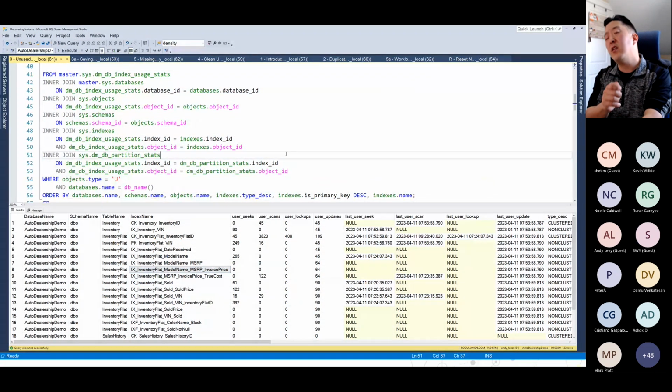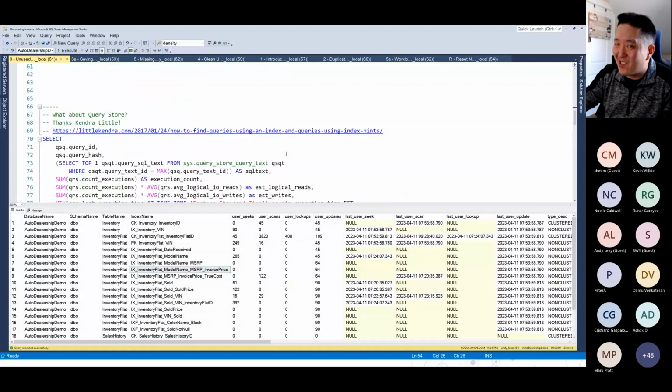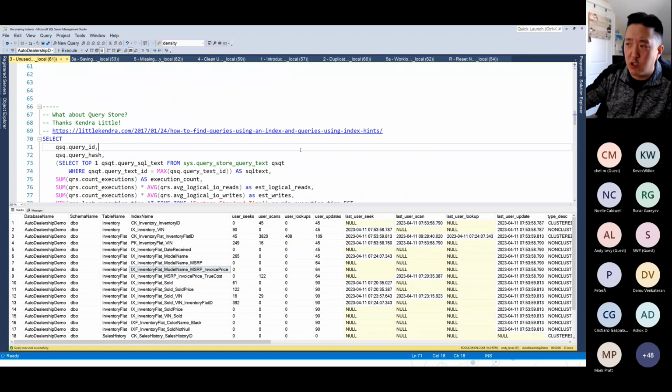Understand that this particular DMV, the usage stats, is always ever increasing until you reboot your SQL Server. So it may be a good idea to save this information off on a periodic basis. However, something that will persist is query store information, and Kendra Little has some fantastic writing about whether you can find somewhat similar information in the query store.